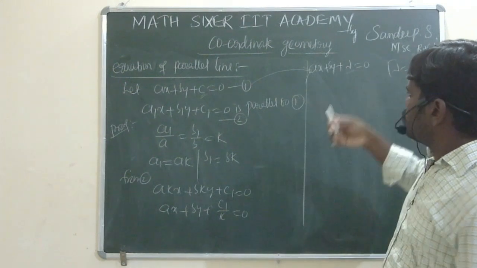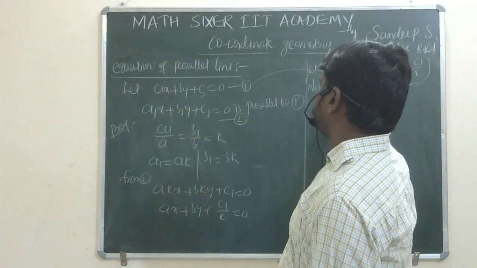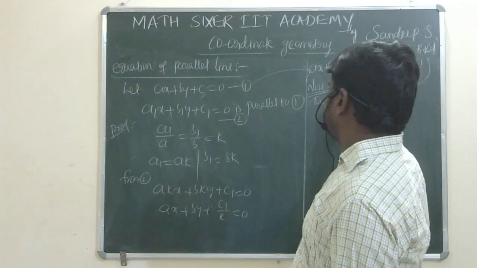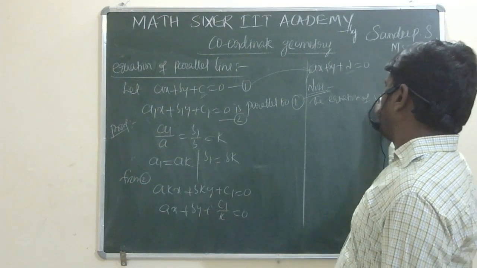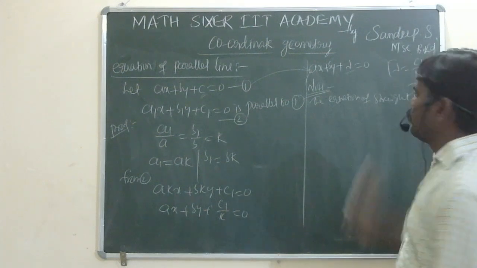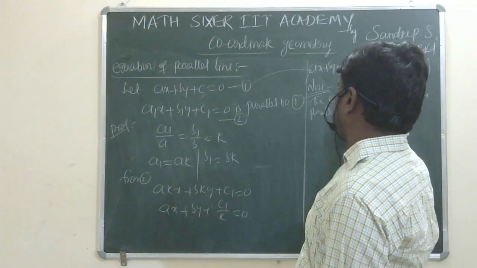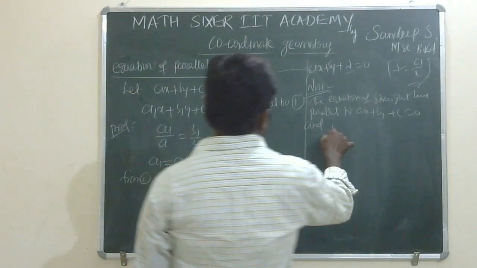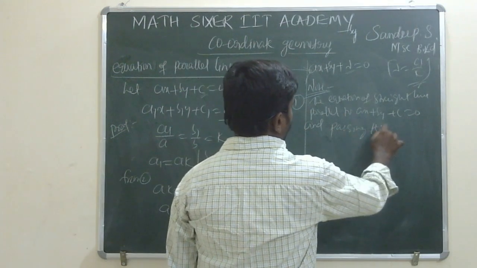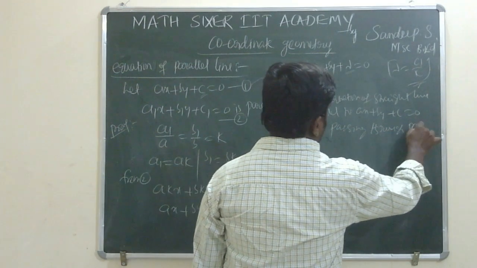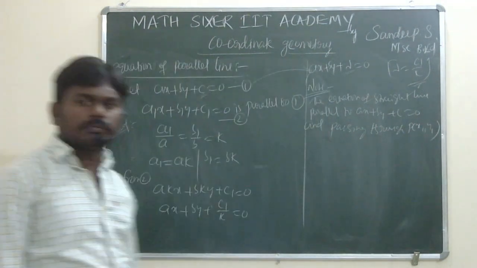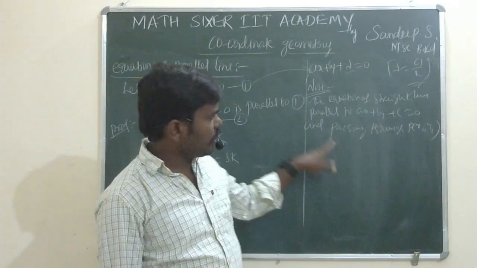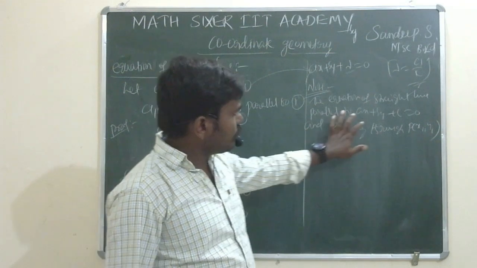Next we will see one important point, you can take it as a note. The equation of a straight line parallel to ax plus by plus c is equal to 0 and passing through the point P(x1, y1).